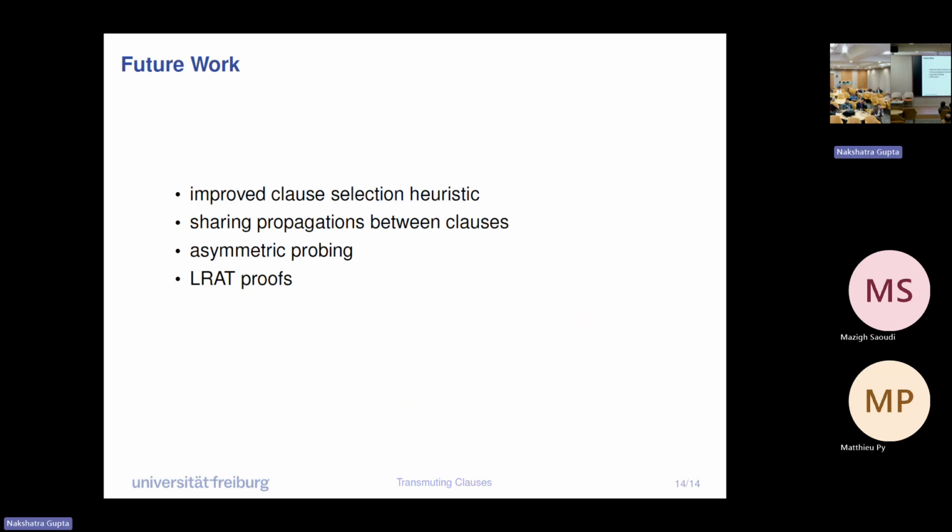Another thing, inspired by other in-processing techniques such as vivification, is asymmetric probing, and also the shortening of the clauses is inspired by vivification and instantiation, for those of you who know these techniques. So the idea of asymmetric probing is this: we fix an order of the literals in the clause to begin with.